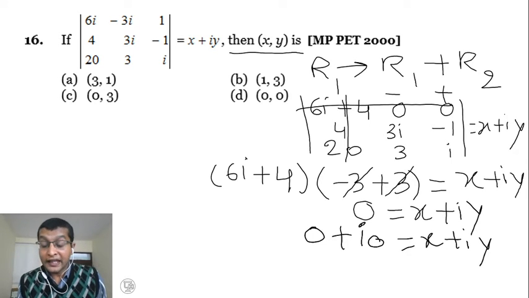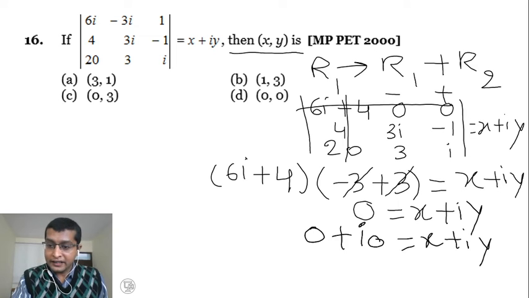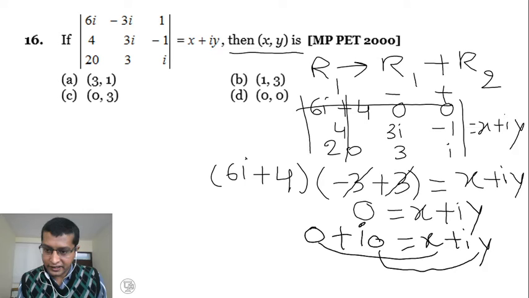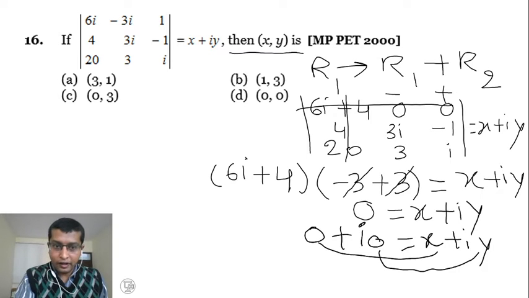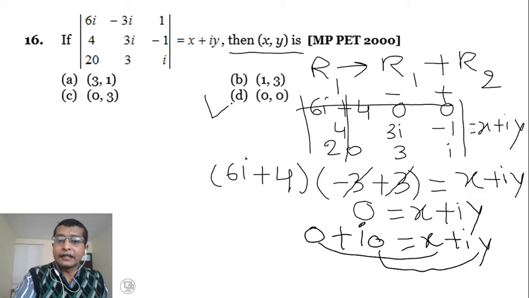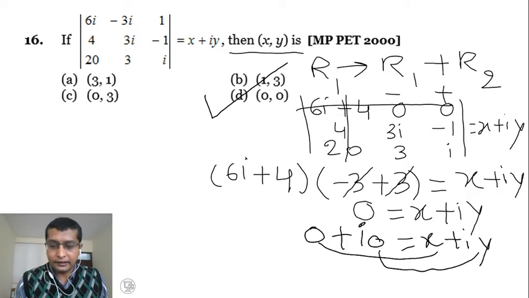Then we know, equating, real part is equated with the real part, imaginary part is equated with the imaginary part. So we get the value of x equal to 0, then value of y equal to 0. Therefore option D is the right answer.